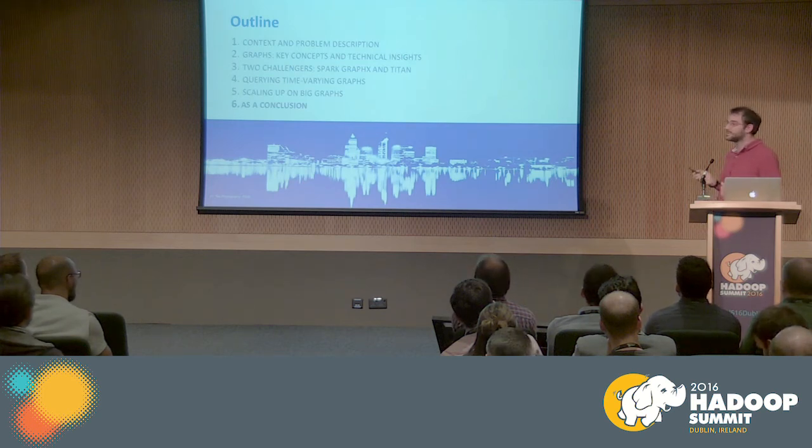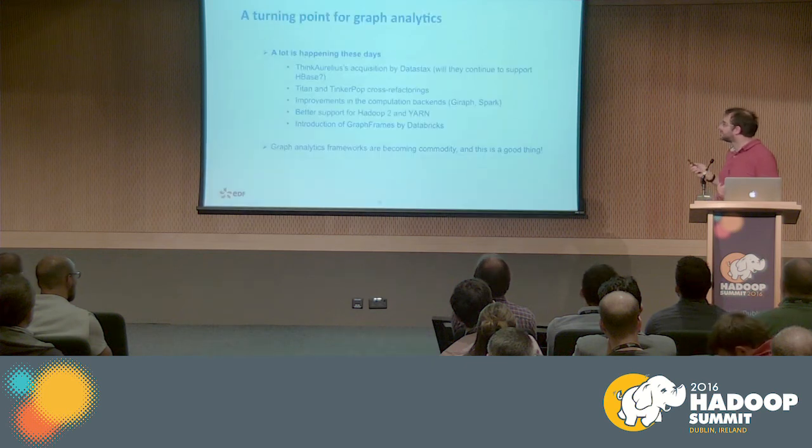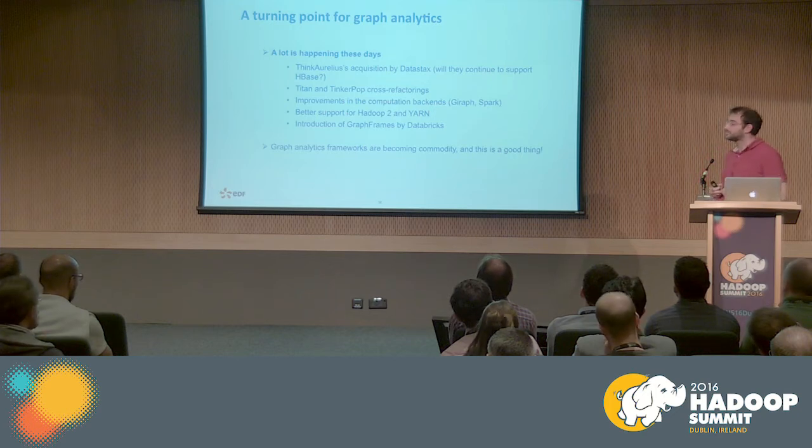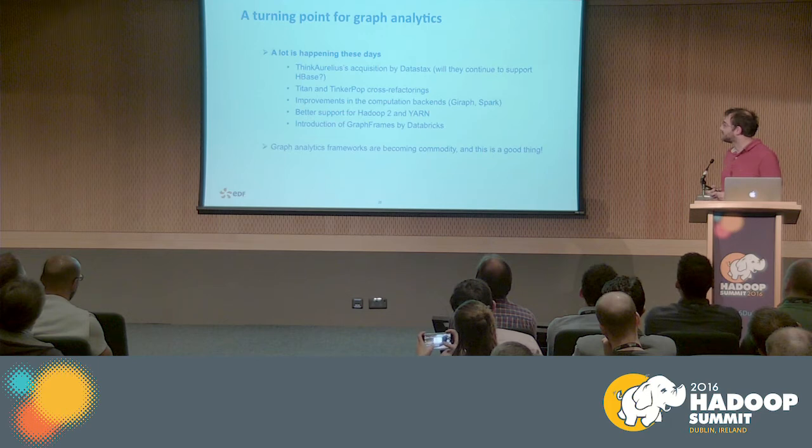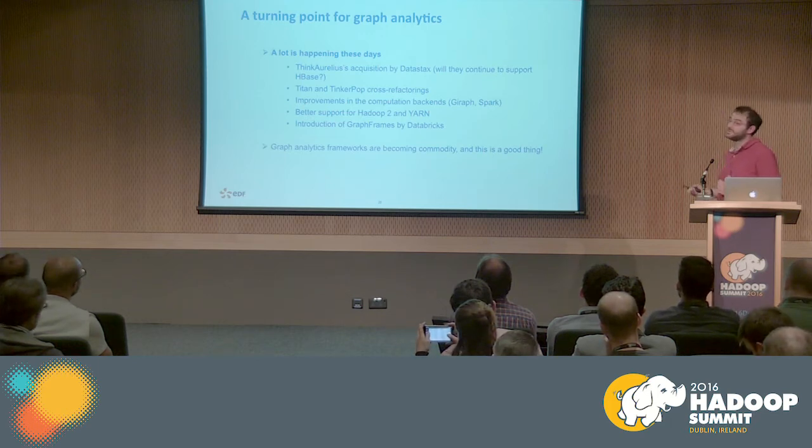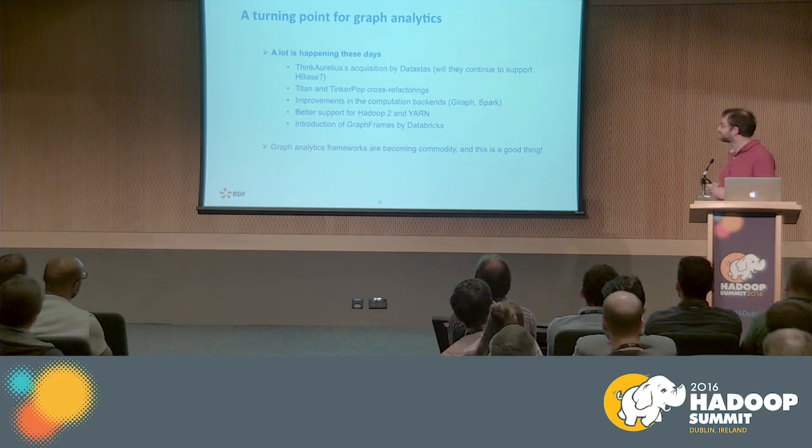As a conclusion, okay, that was a lot of information. It was a bit dense. We understand this. The conclusion is we're at a turning point for graph analytics. Aurelius, which is behind Titan, has been acquired by DataStax. So the question is, will DataStax continue to support HBase? At what pace? We don't know. Hopefully, yes. Titan and Tinkerpop are undergoing some refactorings, which are hindering us.